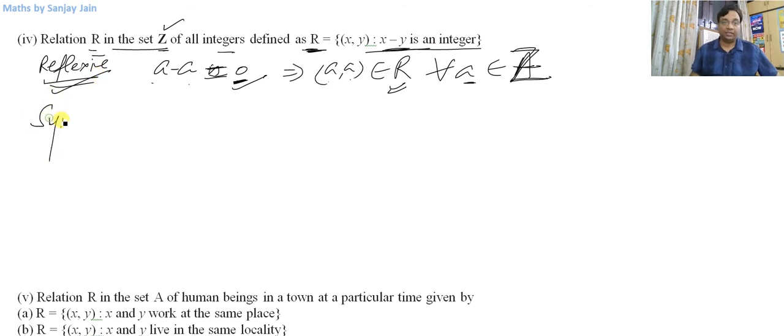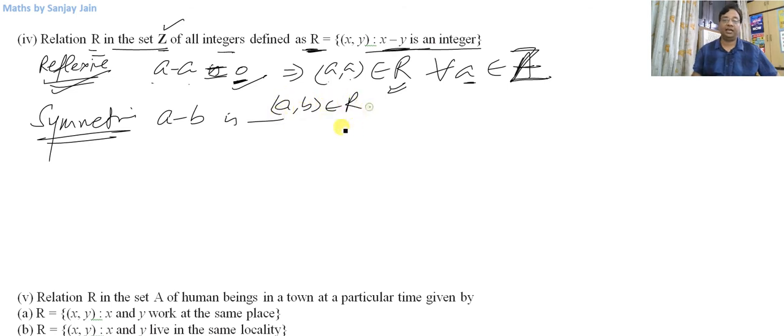What about it being symmetric? If A comma B is present in this relation R, then A minus B is an integer. So B minus A will also be an integer.